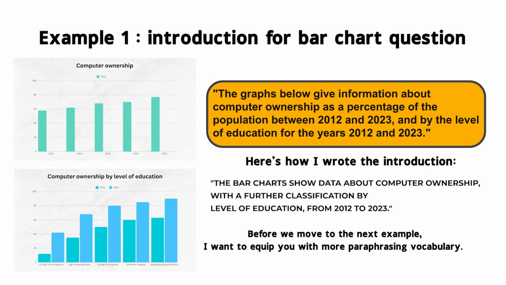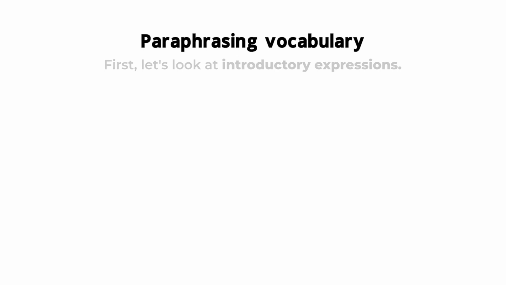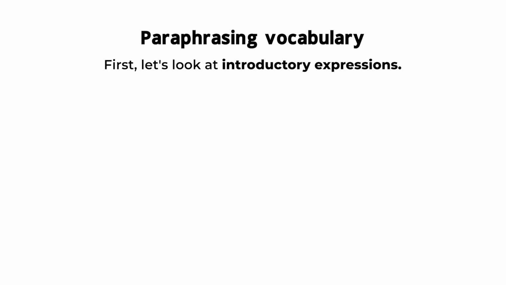Before we move to the next example, I want to equip you with more paraphrasing vocabulary. First, let's look at introductory expressions. These expressions are the first words of your introduction. Here are some examples.